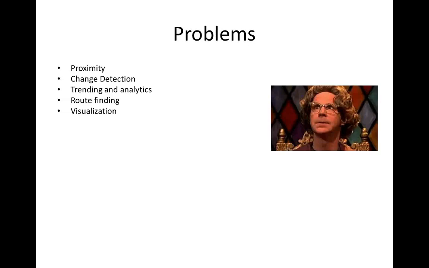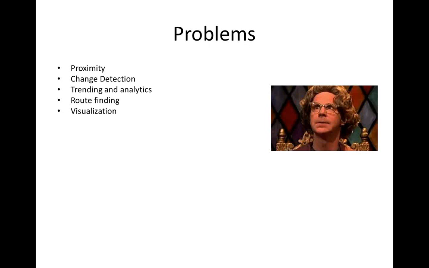So spatial data really is about solving problems. So proximity, how close are things to each other? If you want to get a pizza, where's the closest place I can get a pizza? Looking at change detection in terms of crops or other things, trees, vegetation. Trending analytics, where are stores located, where are they not located anymore.